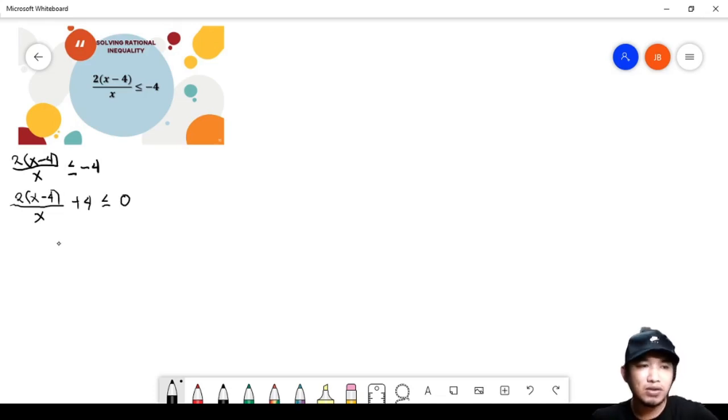Alright. So, next is simplify muna natin itong nasa parentheses. So, 2 multiplied to x is 2x, and then 2 multiplied to negative 4 is negative 8 all over x plus 4 all over 1.